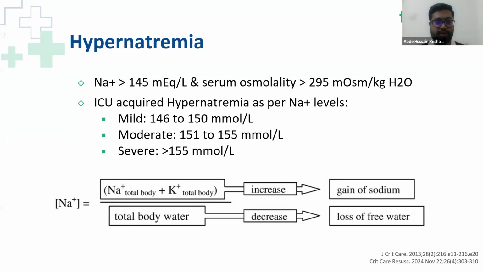For the most severe cases, you can see a sodium rise of more than 155 millimoles per liter. Now, this happens due to two key reasons. Either there's a net rise in sodium levels in the blood, or there's a net loss of water compared to the sodium or the other electrolytes. So eventually there's an imbalance between the sodium and water.